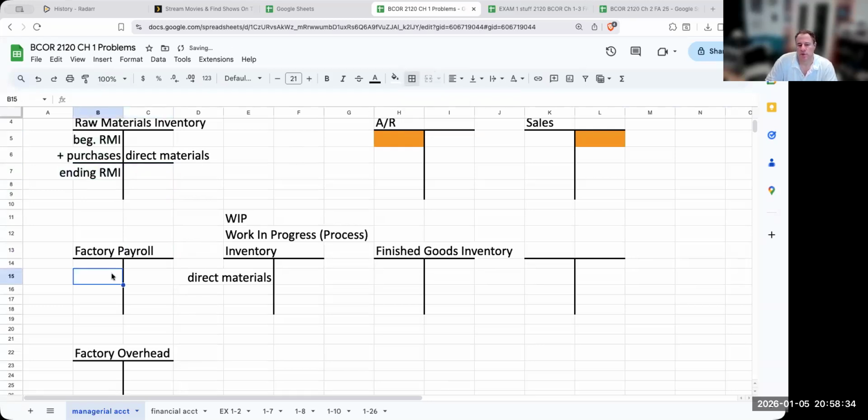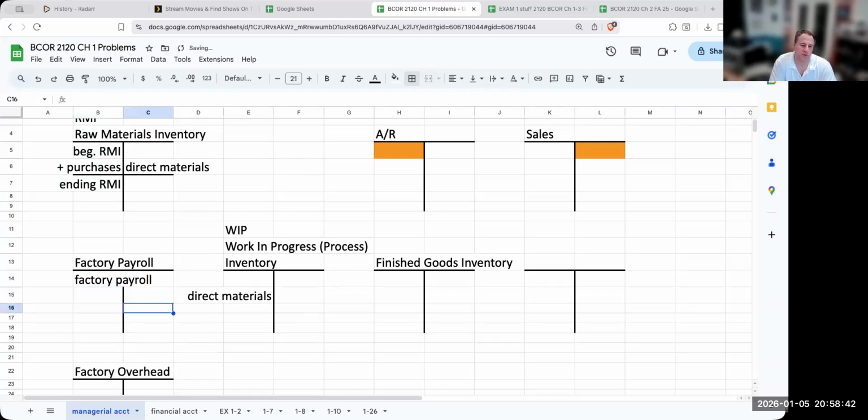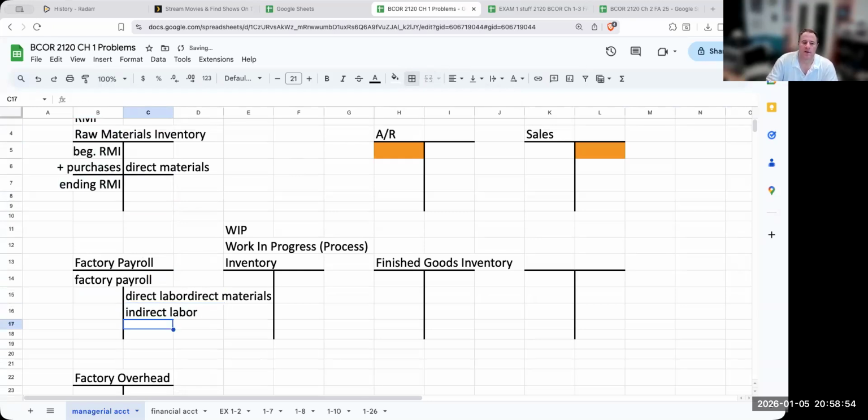Okay. So coming over here with factory payroll, what goes into factory payroll? Well, we're going to have really two categories. We're going to have direct labor, meaning the labor that actually worked on the product. And then we're going to have indirect labor. Now, this is very, very important, right?